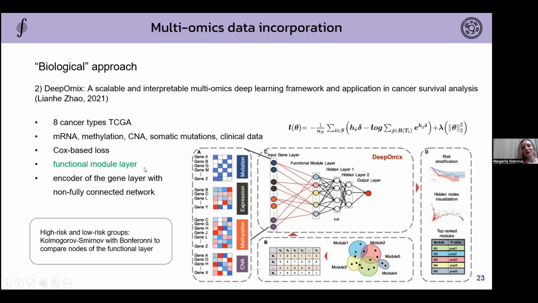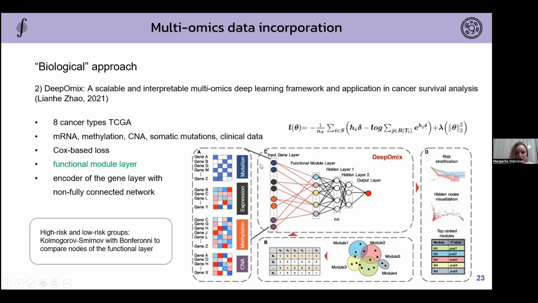This article resembles the previous article about the biological approach a bit, but they made a huge step in their understanding of biological processes. And they didn't just include some modules, but they included a module layer with a non-fully connected network.